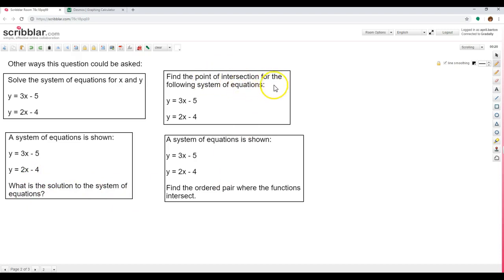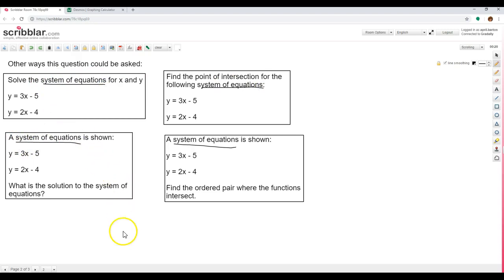Find the point of intersection for the following system of equations. Or a system of equations is shown. Find the ordered pair where the functions intersect. All of them look a little bit different, but all of them have that keyword of system of equations. If it says that keyword, that means you're going to graph them and find where they cross.